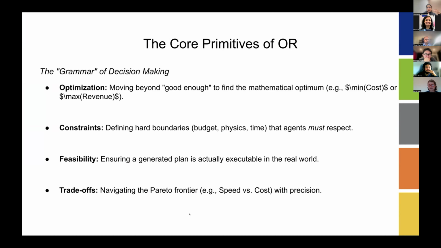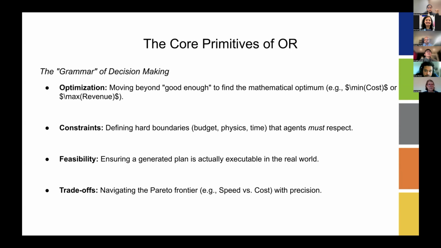These are the pillars of OR, the strengths that it brings to the table. First is optimization, moving beyond good enough to find the mathematical optimum, whether it is minimizing cost or maximizing revenue.